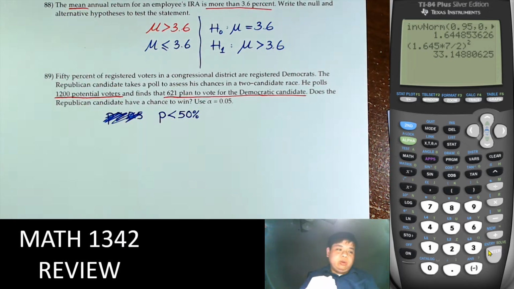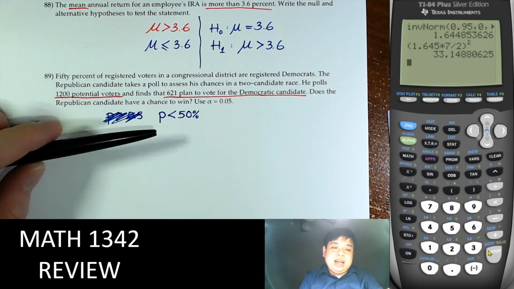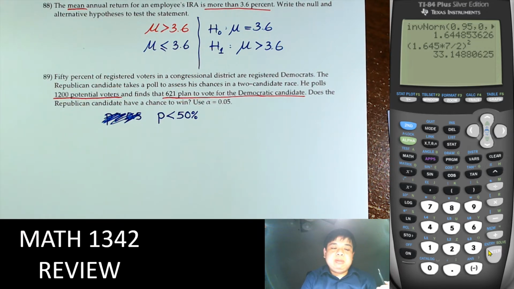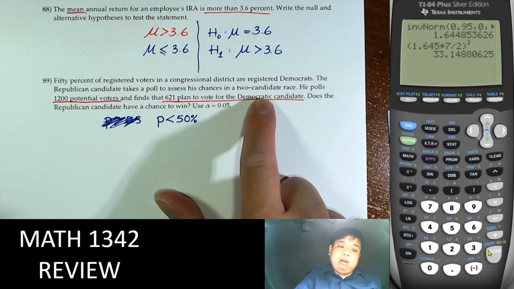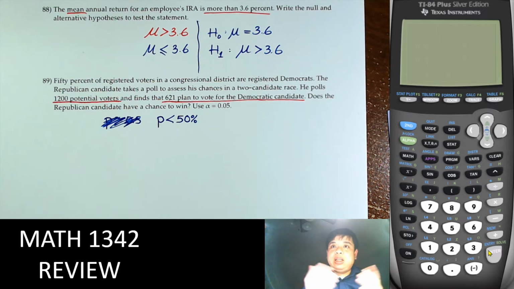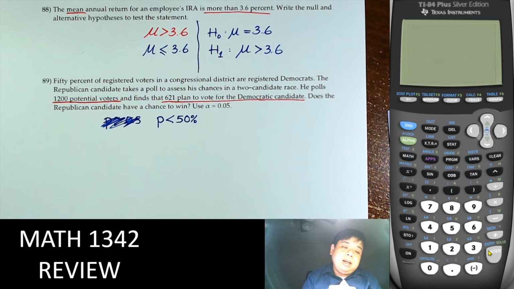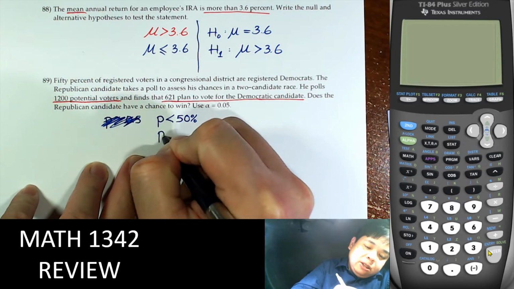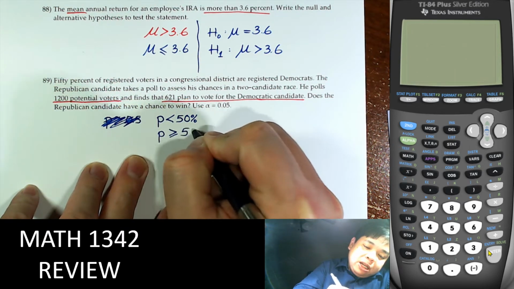So if the Democratic candidate gets less than 50%, then in the two candidate race, he would win because he would be more than 50%. Right. So the complement is greater than or equal to 50%.